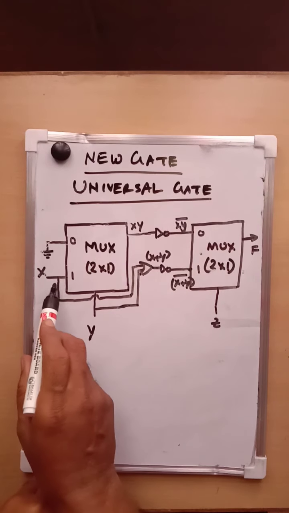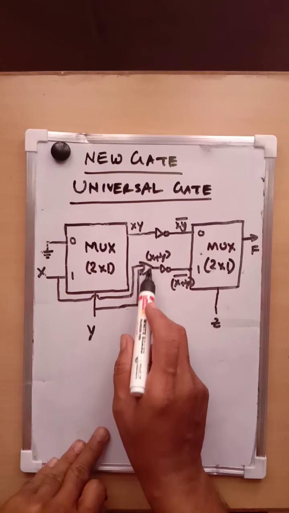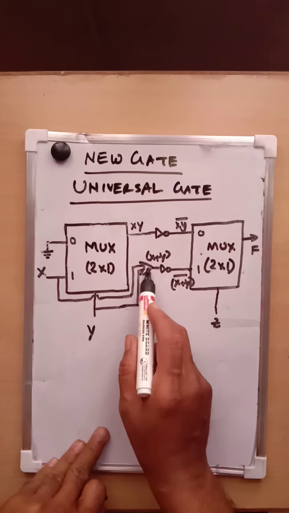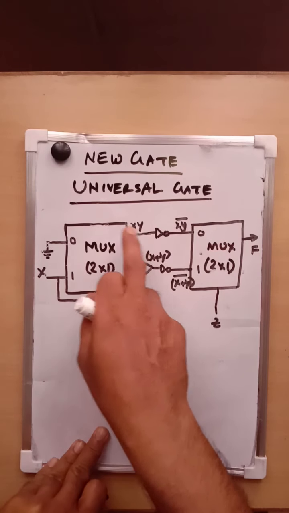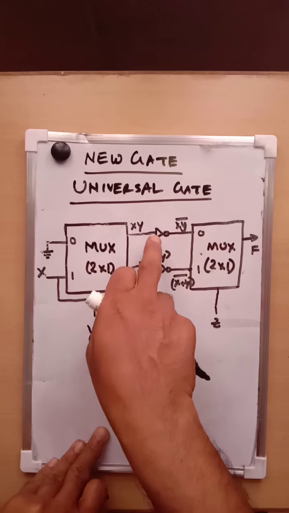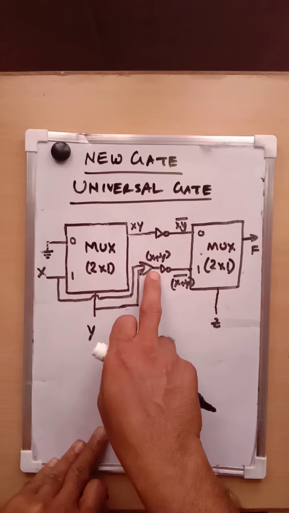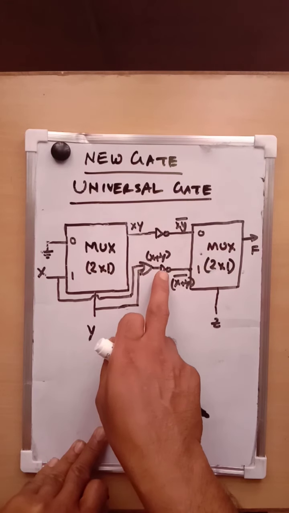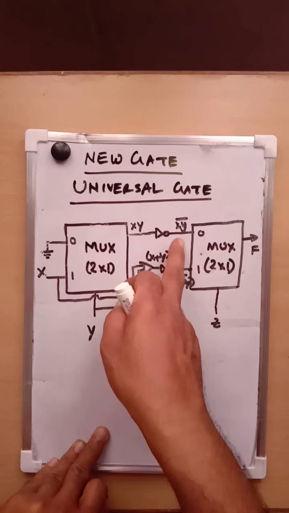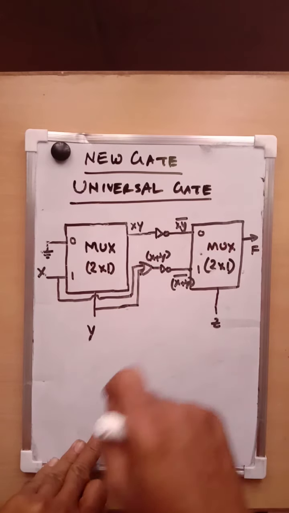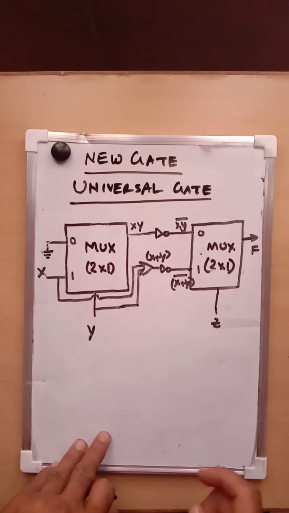I am taking X and Y and applying them to the OR gate, so the output is X plus Y bar. The output of the first mux is given to a NOT gate so that it converts into XY bar, and similarly the OR output is applied to a NOT gate so that it becomes X plus Y bar. XY bar is applied to one input of the second mux, and X plus Y bar is applied to the other input.